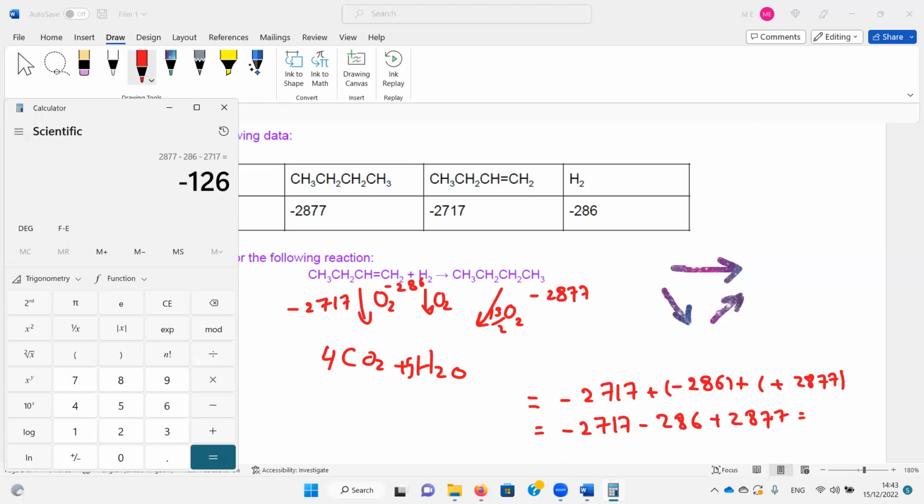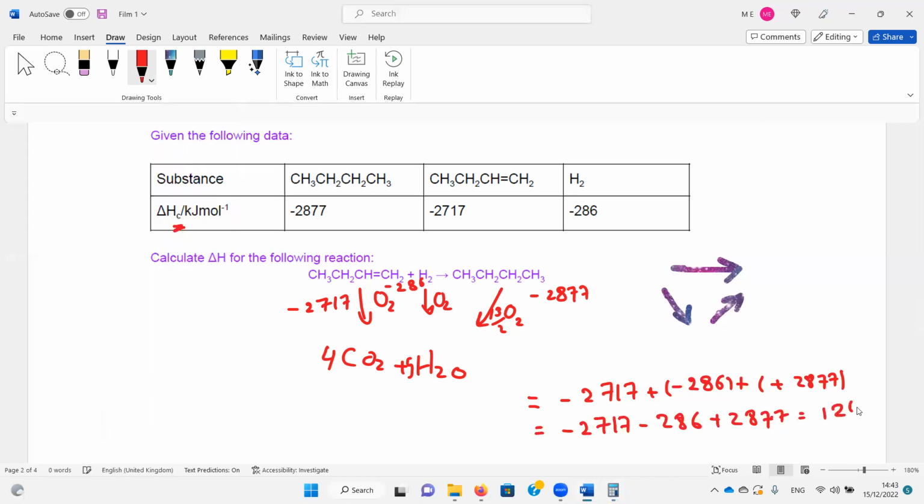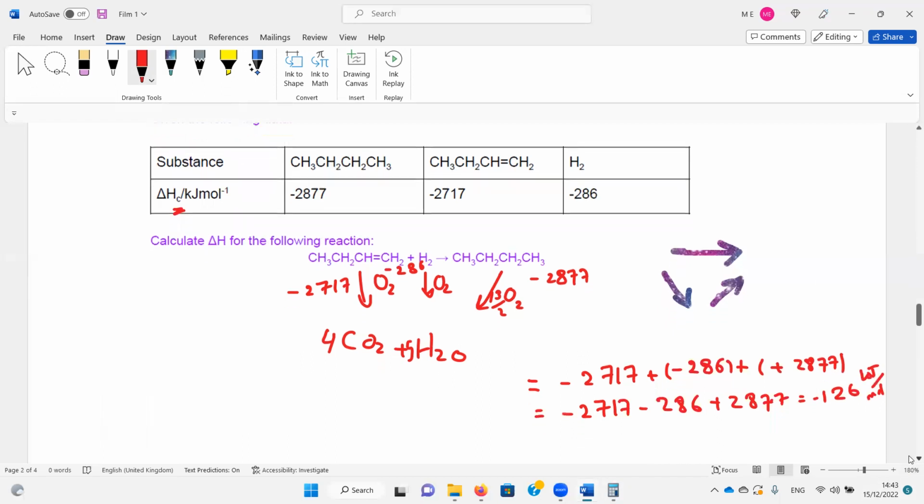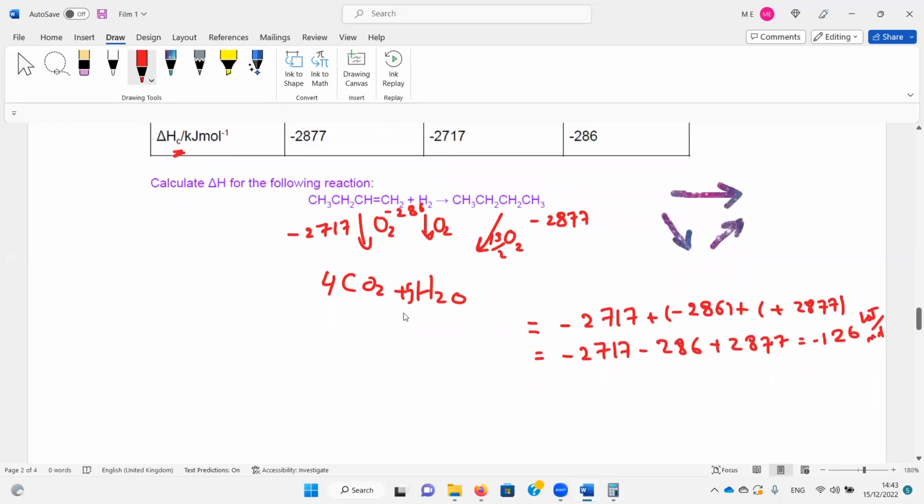So the answer is minus 126 kilojoules per mole. Fine. So that's it. Now I chose to balance the oxygen with this side because it's easier.